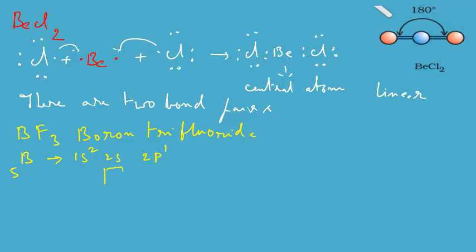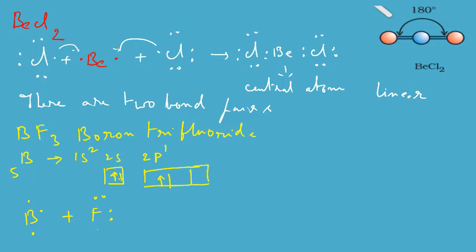So there are 3 electrons in all in the valence shell of boron. These 3 electrons pair with unpaired electrons present in 3 fluorine atoms.